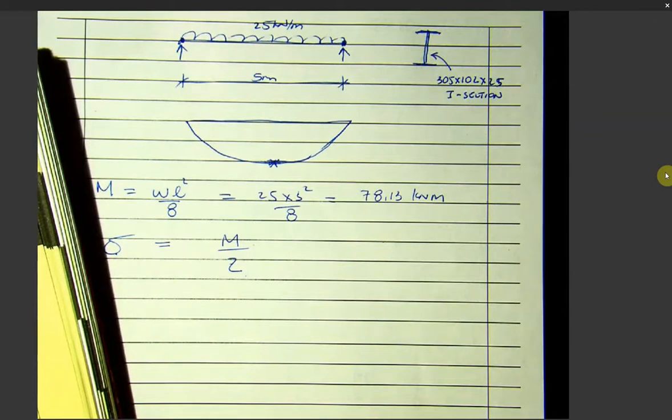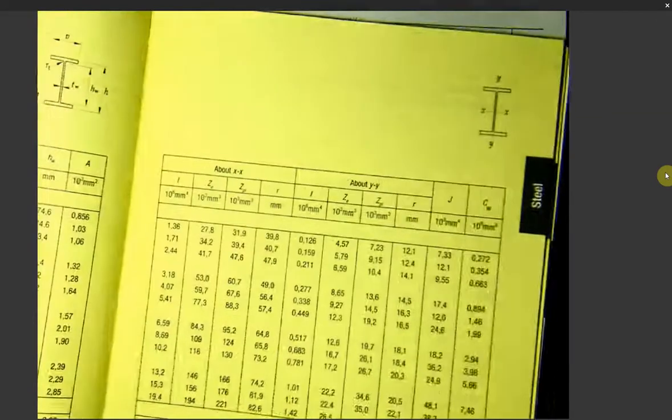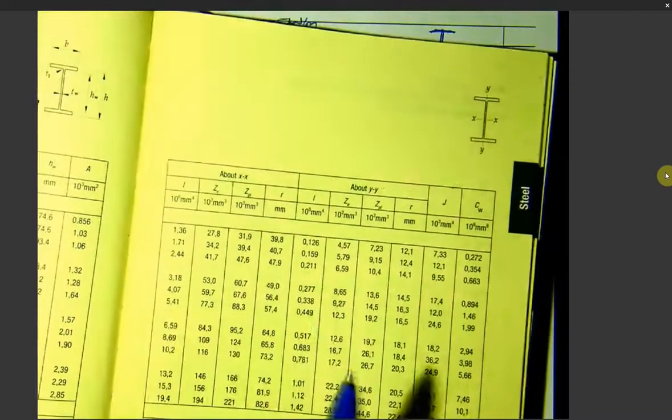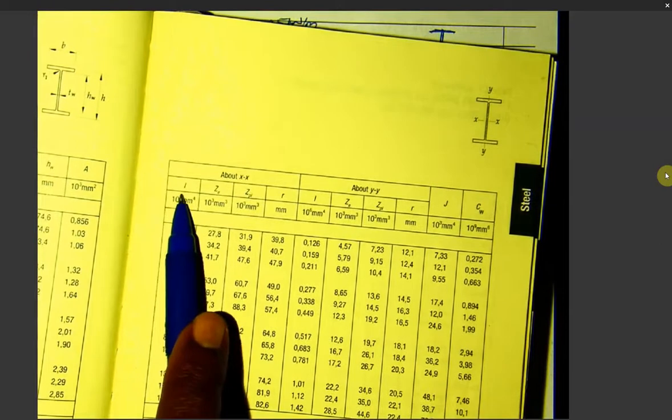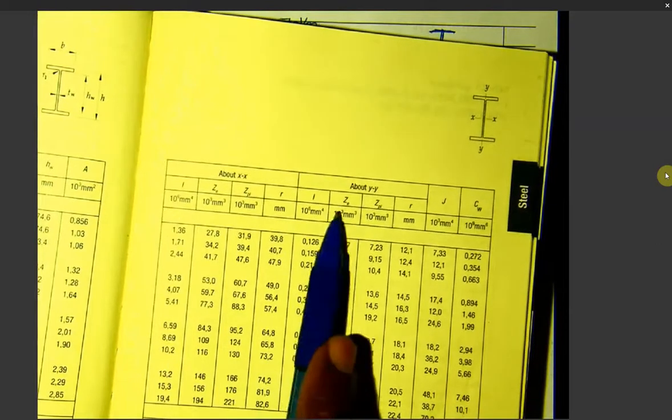Then on that very same red book, if you look there at the top, you're given about the x-axis the I-XX for that section, and the I-YY.